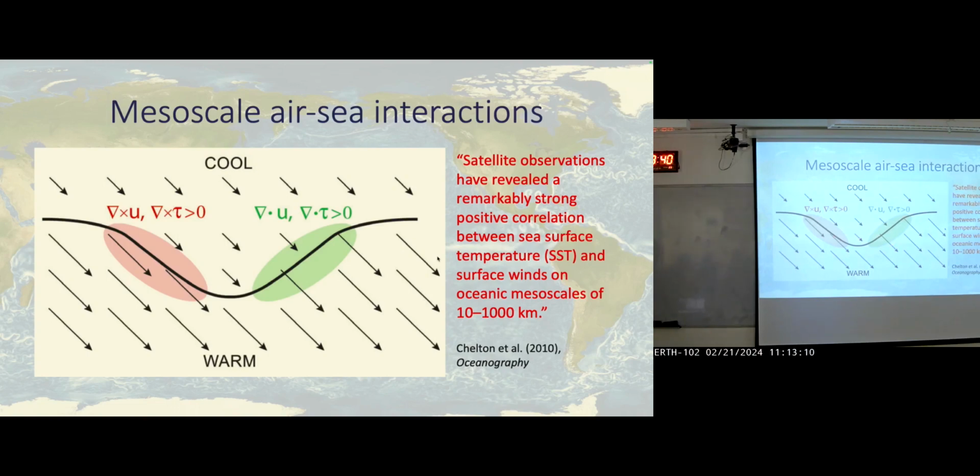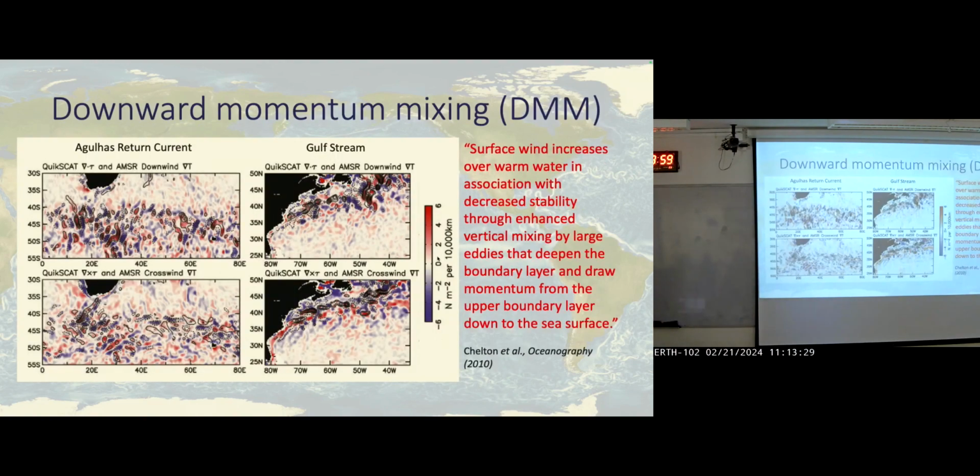And if the wind is blowing from the warm to the cold, we will get convergence. And also in terms of the curl, if it's blowing along the front, with the warm side to the right or to the left, then we will get positive or negative wind curl and correlation with the SST.